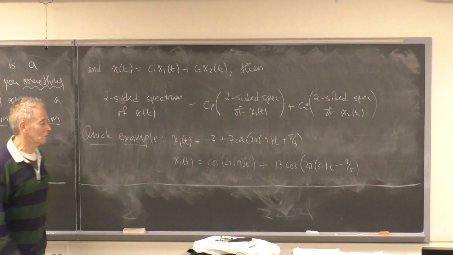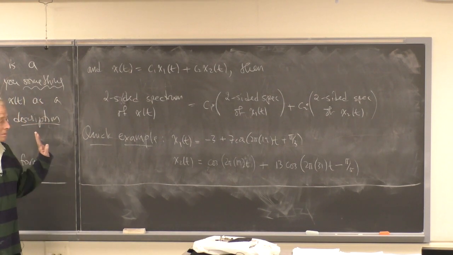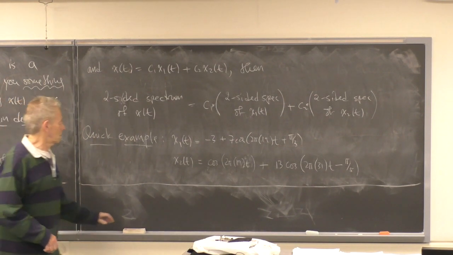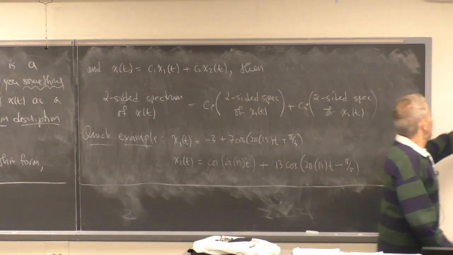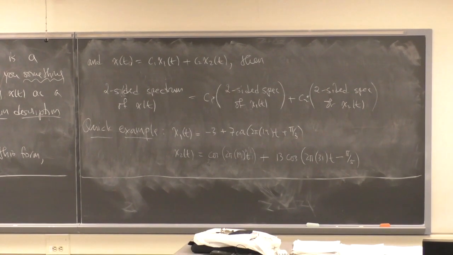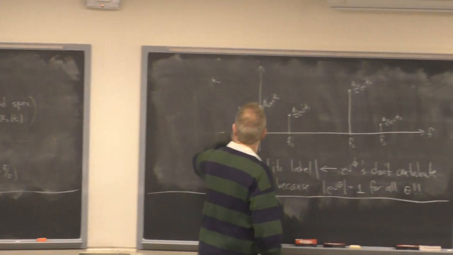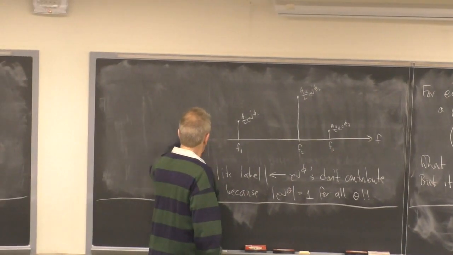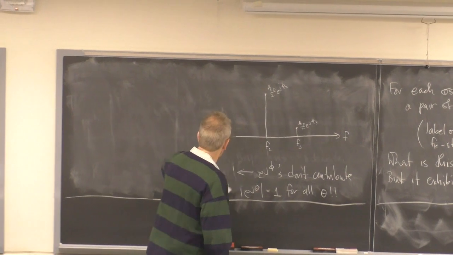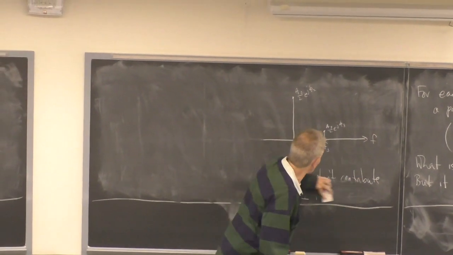Those are two perfectly good signals. First, say x of t is equal to x1 of t plus 2 x2 of t. That's a good one.